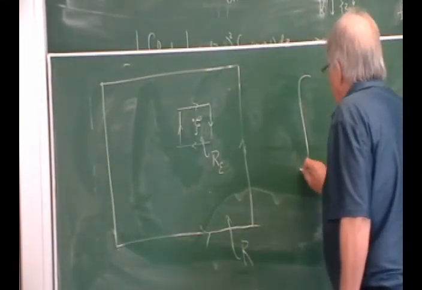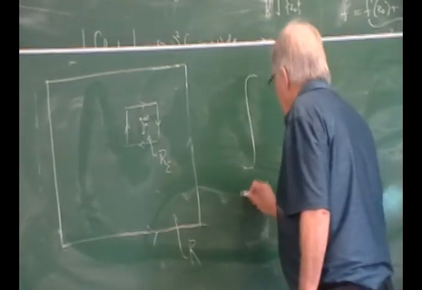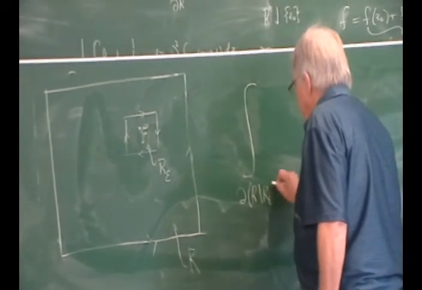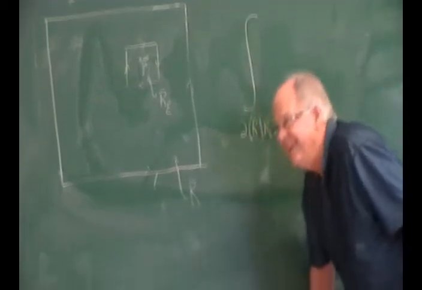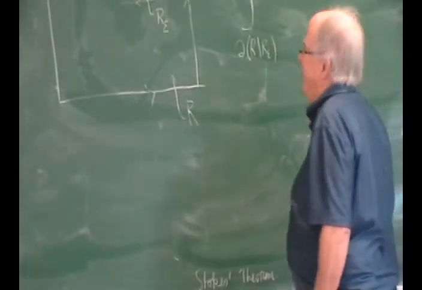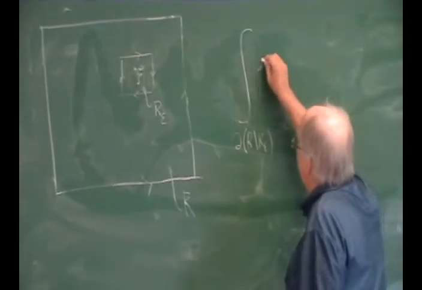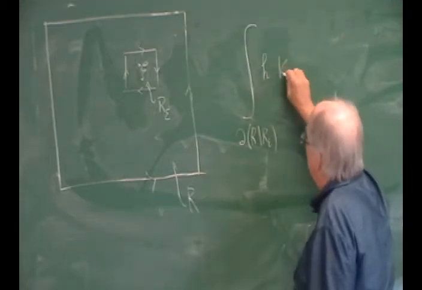So the integral around the boundary of r minus r epsilon equals, h is holomorphic, hit it with a Cauchy kernel.